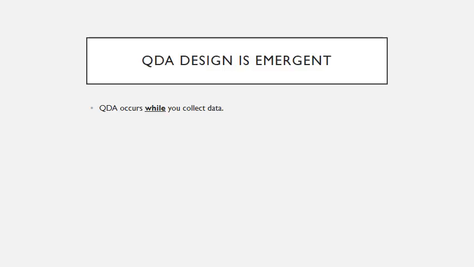And the reason is that as you start to analyze data, you can then start developing more questions to ask to help explore some of these preliminary findings that you have. So then in the next 2 interviews that you do, you can ask some of the same questions that you asked before, but then you can ask these new questions as well to help explore and to help understand what's going on in the situation.